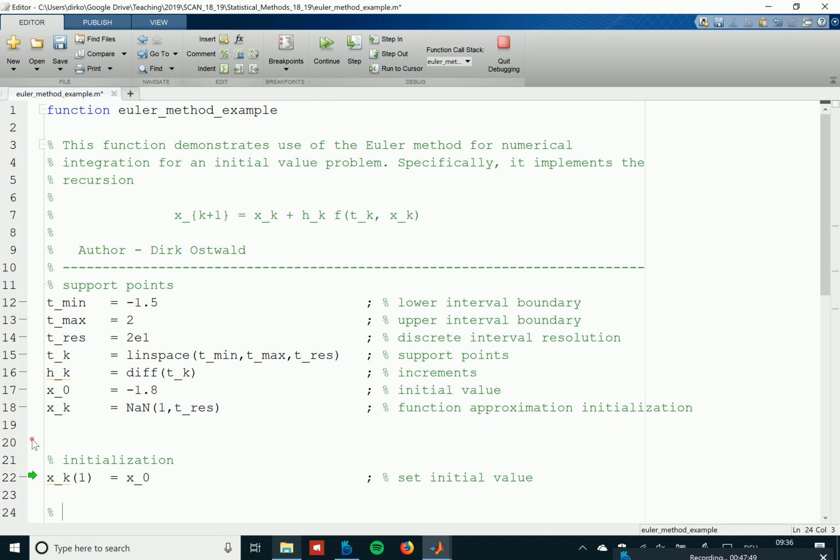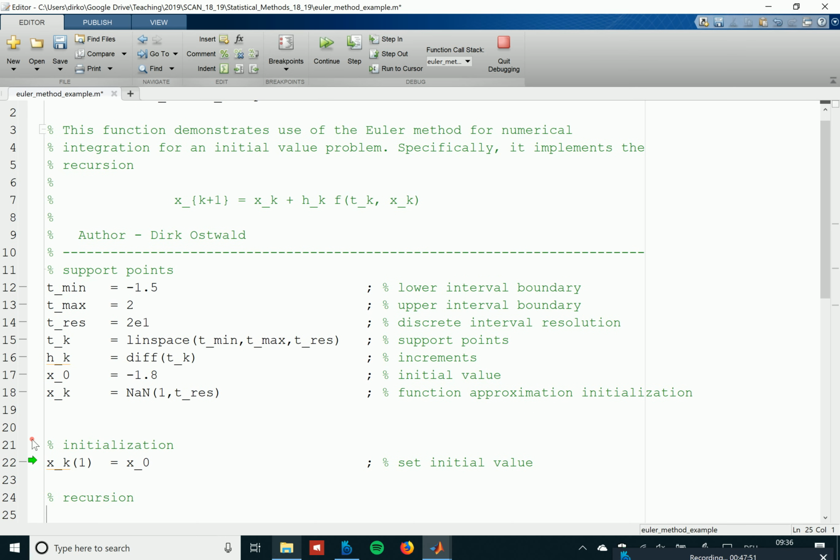And then we do the recursion, and we do that simply as a for loop for k going, with +1. So we start from 1 and go to, actually we couldn't call our t-res here, we can call that m because it's called m all the time.